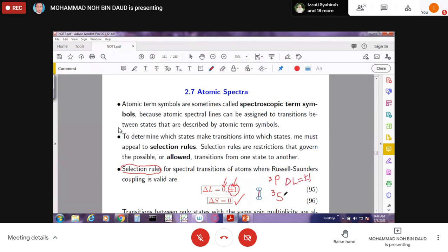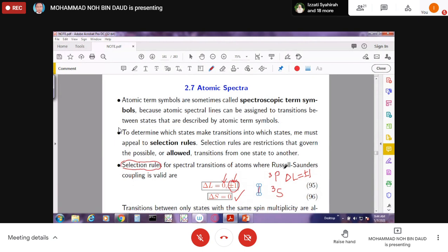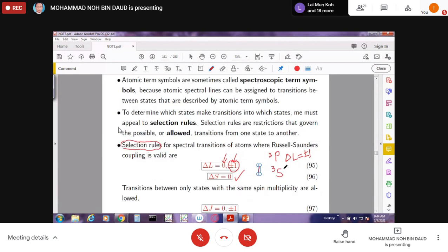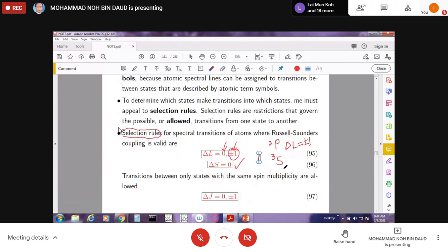How about the J? When we consider the Russell-Saunders coupling, which is the spin orbit coupling, we also must consider this one, the J.